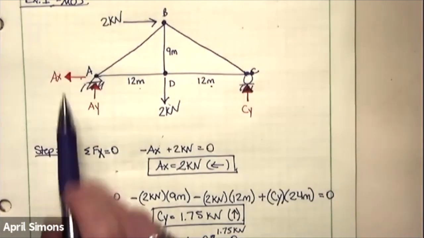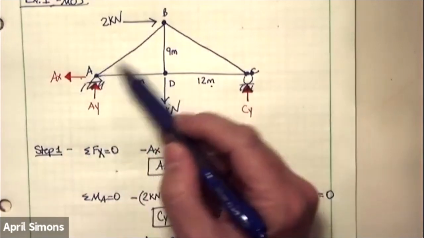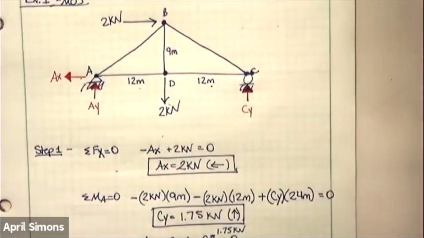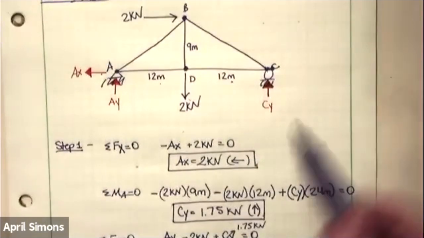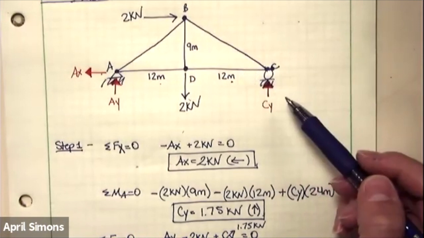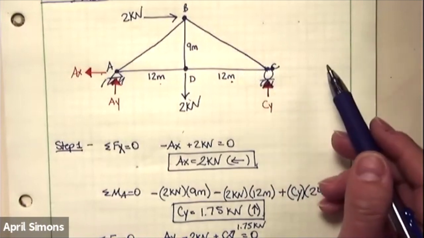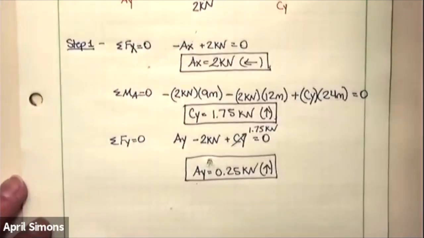So here we have 2 known forces at A, the X and Y support reaction, and we have 2 unknowns, AB and AD. So I'm going to start at joint A. Now, if we were to look at joint C, we have 1 applied force and we have 2 unknown forces. So we could start at joint C as well. It just makes more sense to me to work from left to right if I can.